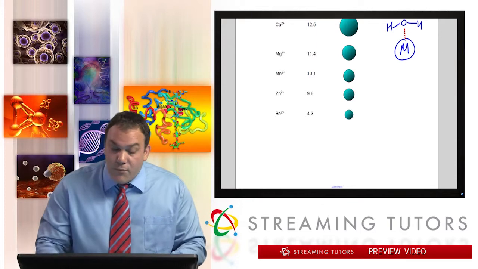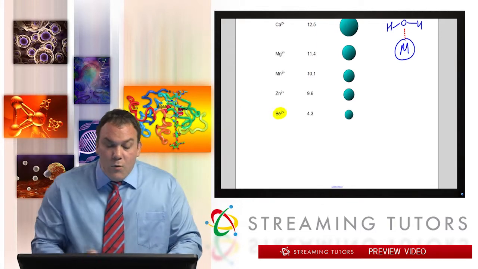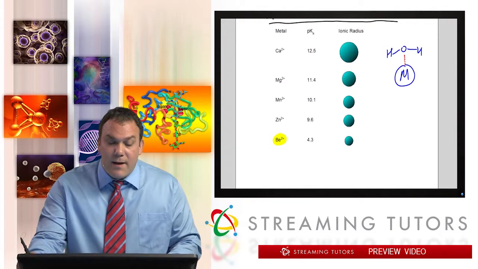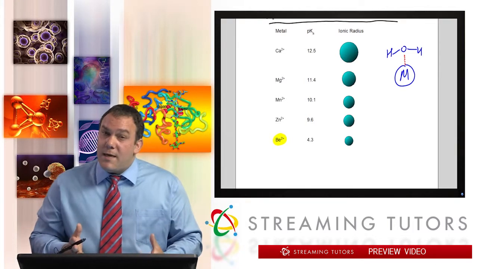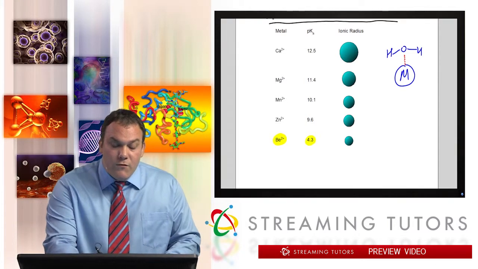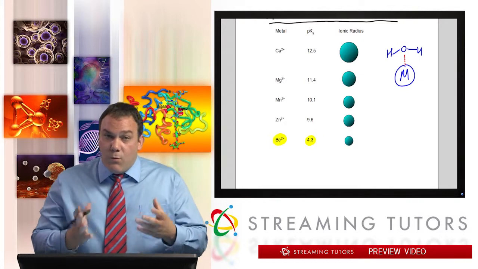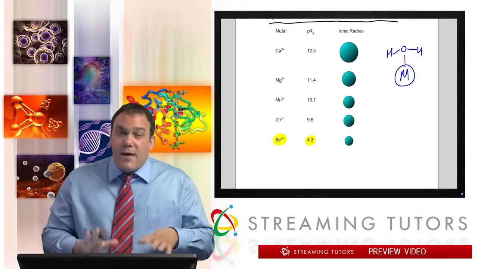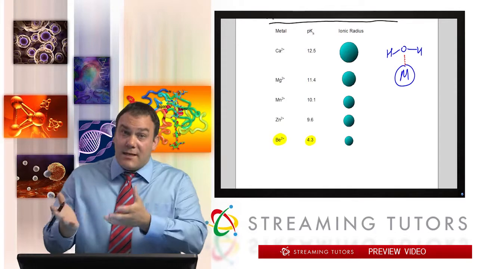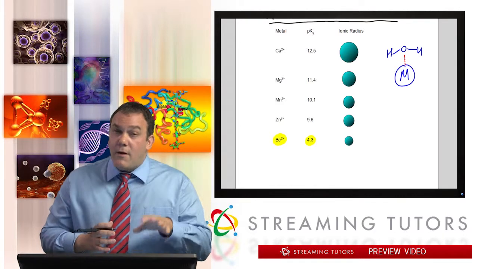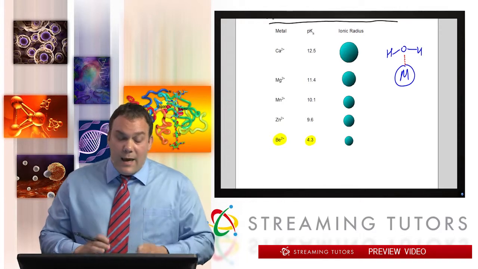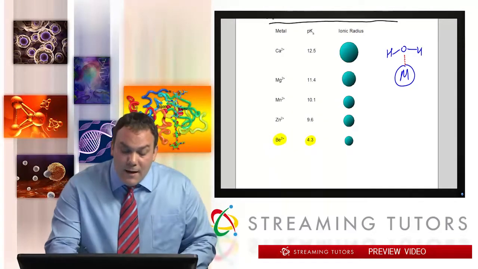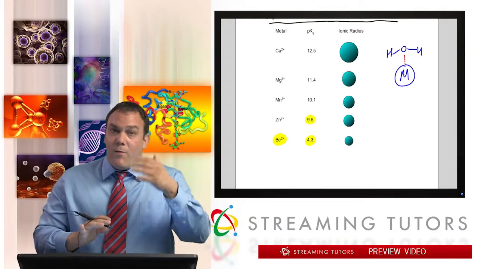So no surprise, beryllium, which is the smallest in my list of metals here, is going to have the most influence on pKa. Notice that it's 4.3. So beryllium next to water brings down the pKa to 4.3 from 16, right? So that's a very dramatic change in the acidity of water. Okay, now zinc is next up, and it's 9.6, and we work our way up this list.